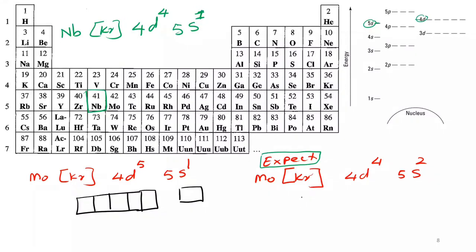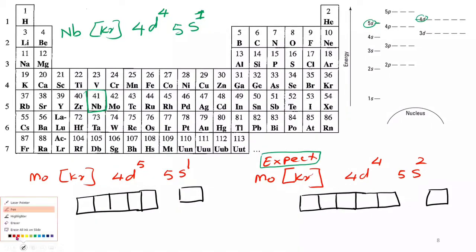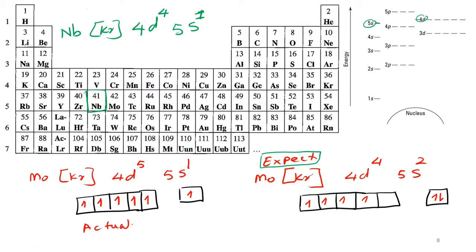In the expected situation, and in the actual situation, you will see these precisely half-filled orbitals. But what we expected is something like this. So this is the actual electron configuration.